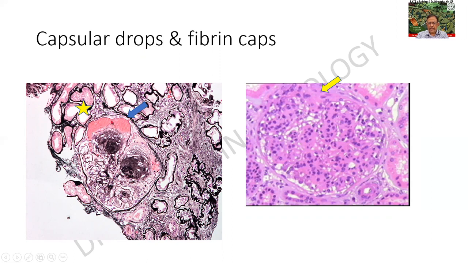This is an exudate mainly. This can be found in diabetes, capsular drops, and in the periphery of the glomerulus, I find that there is fibrin or fibroblast-like material which is getting deposited, which is called fibrin caps. So capsular drops, fibrin caps.